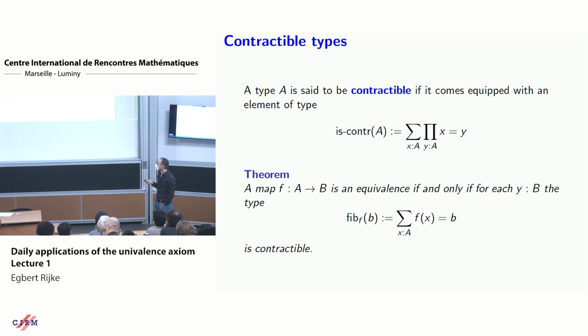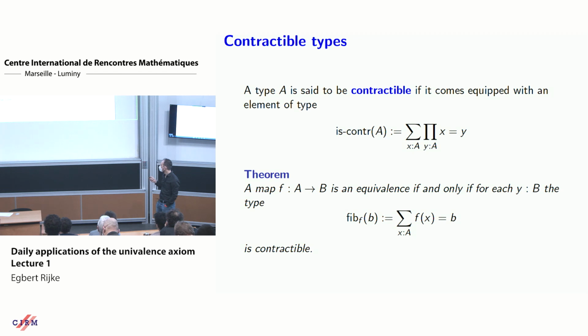Okay, and then there's this important observation that you can make about contractible types and equivalences, is that every map from A to B is an equivalence if and only if all the fibers are contractible, and the fibers are like the pre-image in type theory. So the fiber of f at B consists of all the points in A that map to B, and you express this as a sigma type.